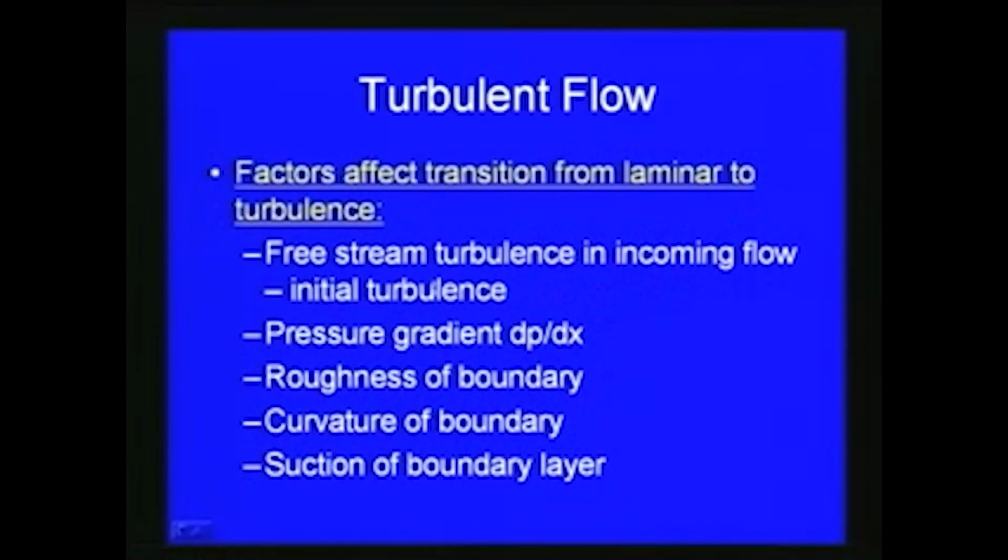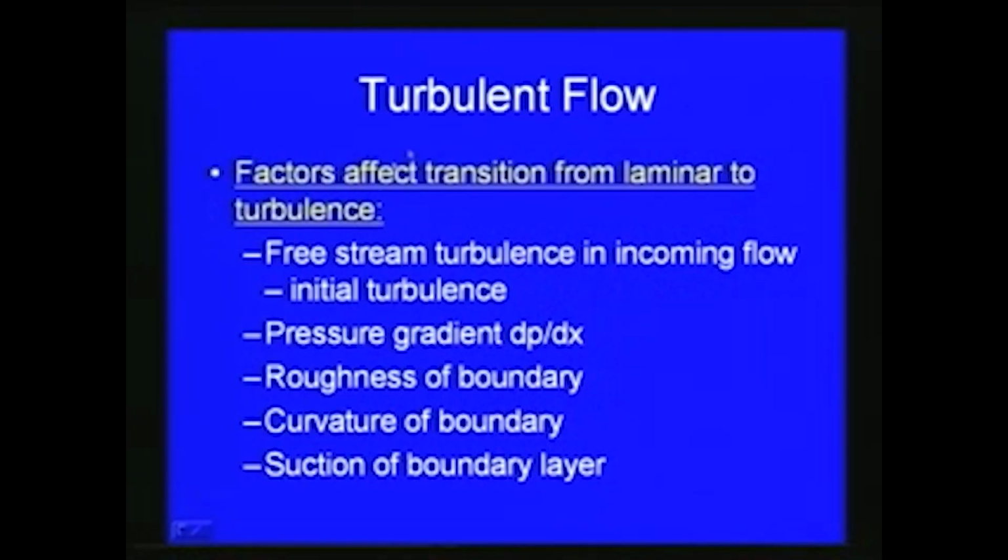Some of the important parameters I have listed here. The first one is free stream turbulence in incoming flow, that means initial turbulence. Free stream turbulence means the flow is already laminar, and then you are disturbing the flow.